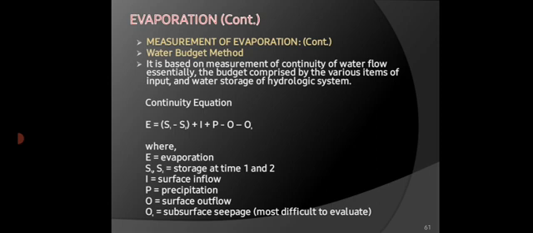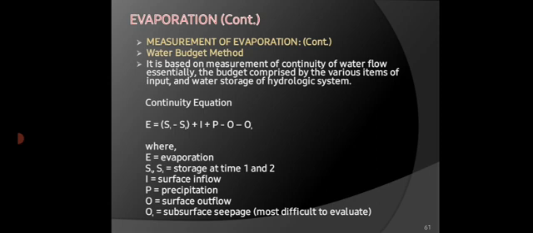S1 and S2 are the storage. At a particular time duration, the amount of water stored in a particular water body, say S1 at time 1, S2 at time 2. I is surface inflow, how much amount of water is drained into that water body.